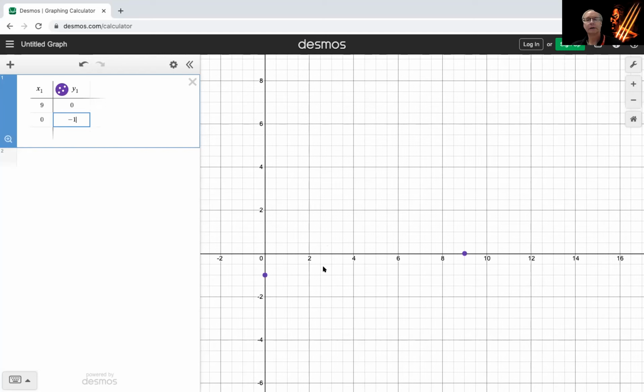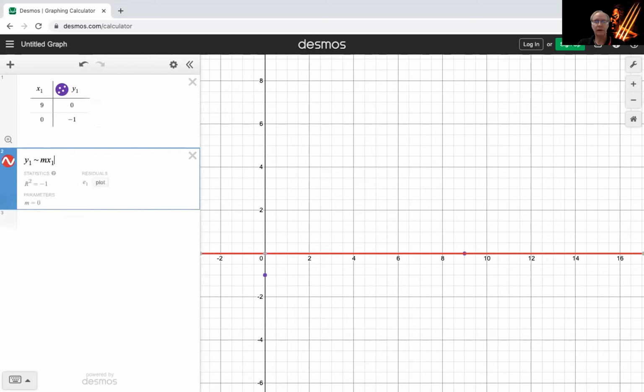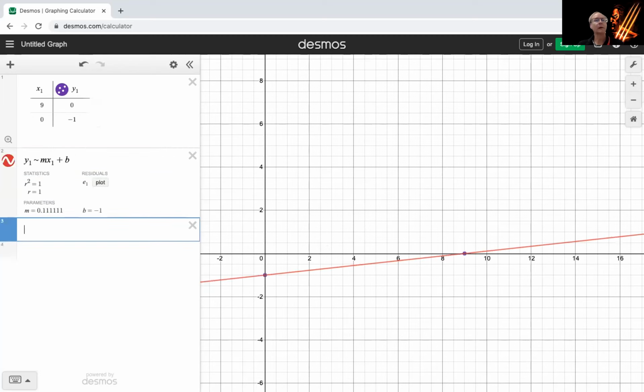Anyway, remember I told you that's a y-intercept and this is an x-intercept. Anyway, the line of best fit, if I do it, is actually the line through those 2 points. y1 tilde mx1 plus b. There it is. And it hits perfectly.